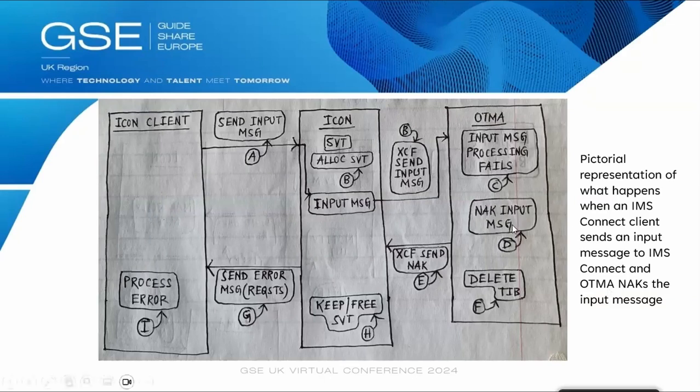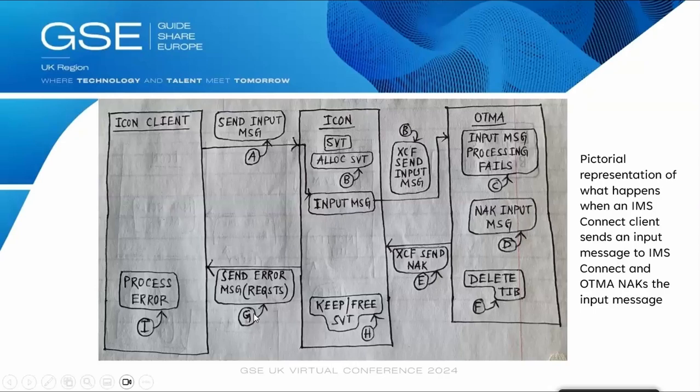So OTMA will NAK the input message with a sense code and a reason code. Moving to E, OTMA will send the NAK message to IMS Connect via XCF. Moving on to F, OTMA will delete the transaction instance block, or TIB control block, if it was allocated.